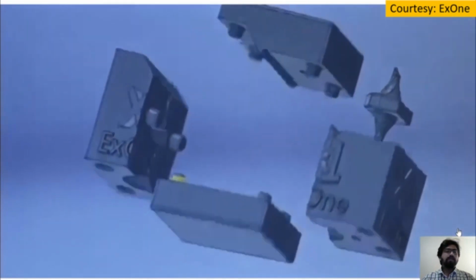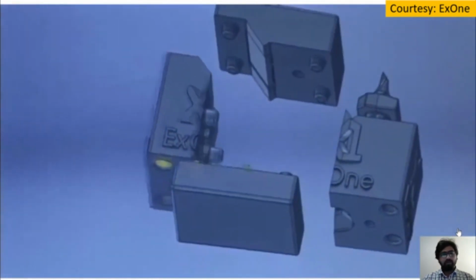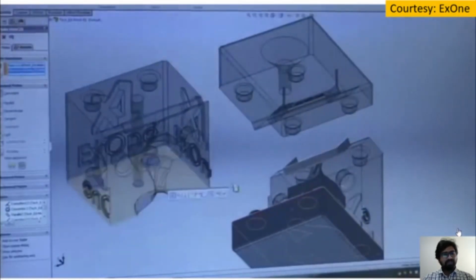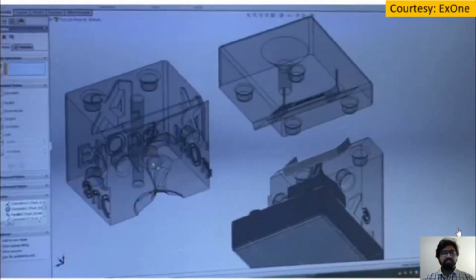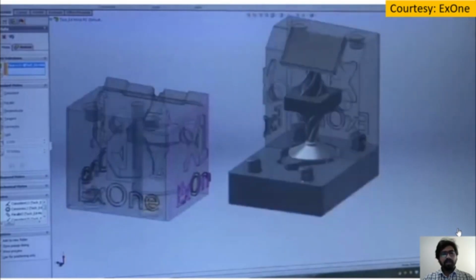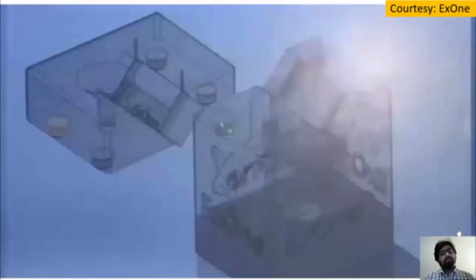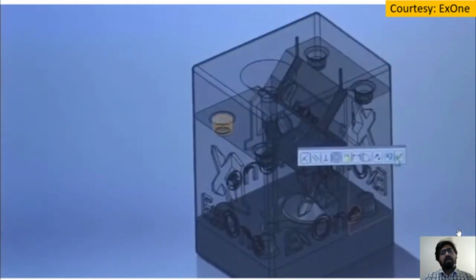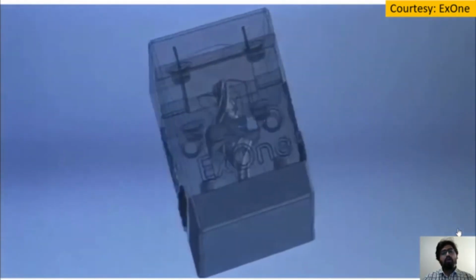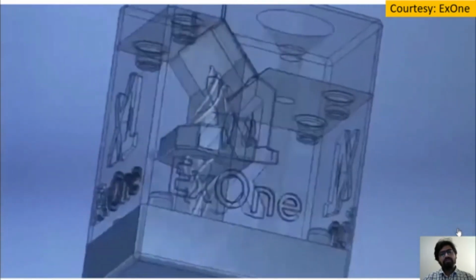Of course, the mold is first divided into several parts like you are seeing here, and then these parts need to be assembled later on after fabrication in such a way that the cavity can remain there. The molds are fabricated on the binder-based powder bed additive manufacturing machine along with the cores. So here you see the mold consists of 4 parts and 1 core corresponding to the cavity of the mold.